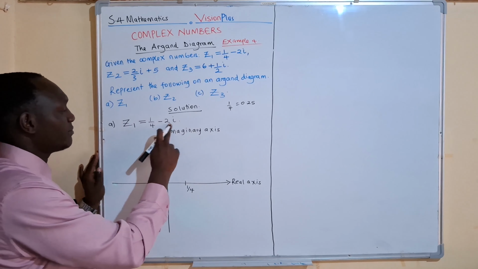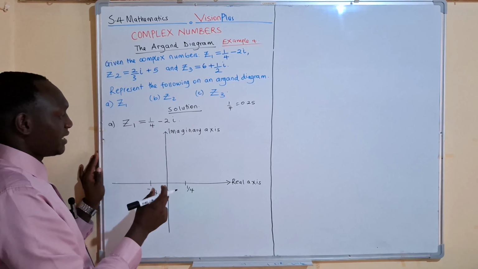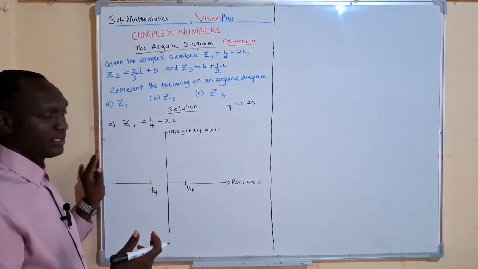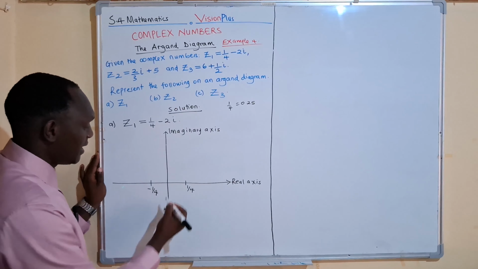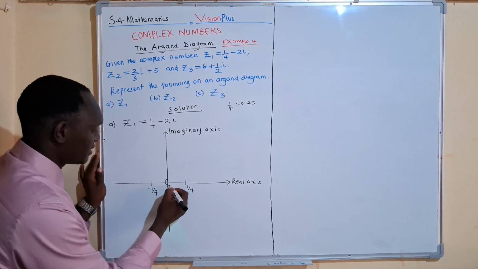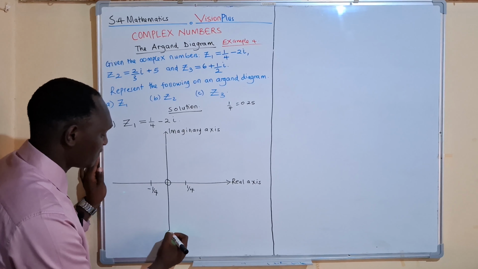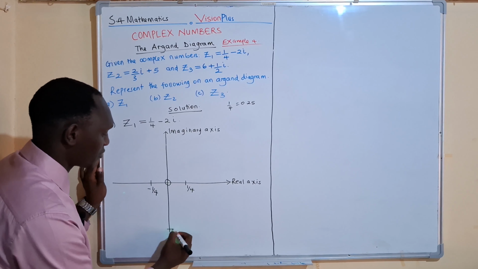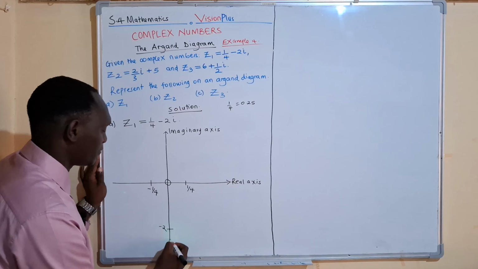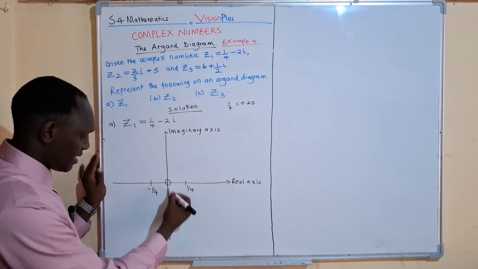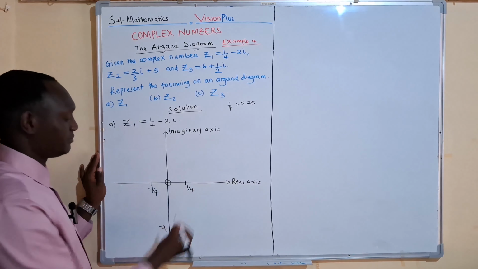And then you come to the imaginary part. It is negative 2. Now, we have said that negative 2 in magnitude is bigger than 1/4. That means its distance from the origin, this is the origin, should be approximately further away. Let me just say this is negative 2. The distance from here up to here should be bigger than the distance from here up to there.